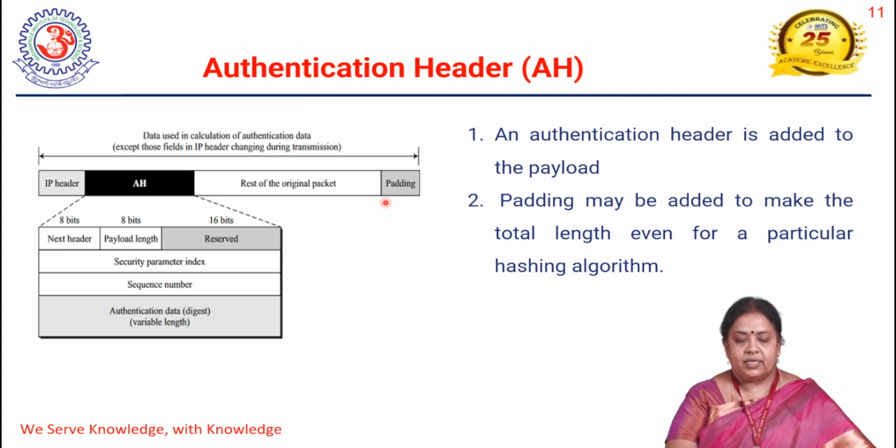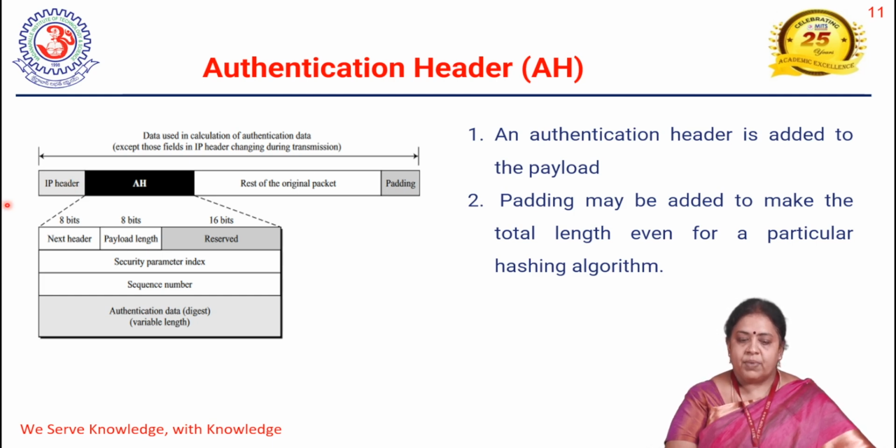Why are we going for padding? Adding extra bits in order to make the length equal. For example, take the hash function SHA algorithm. I think you are aware. In the SHA algorithm, what is the main rule? The message has to be divided into 1024 bit blocks. That means the message should be a multiple of 1024 bits.